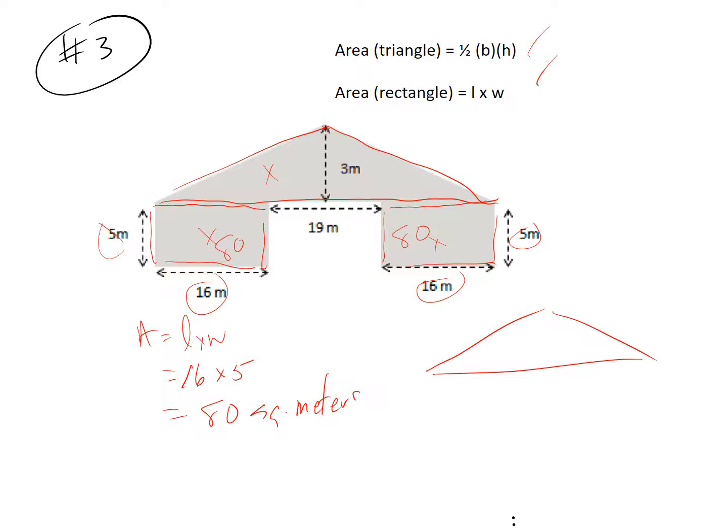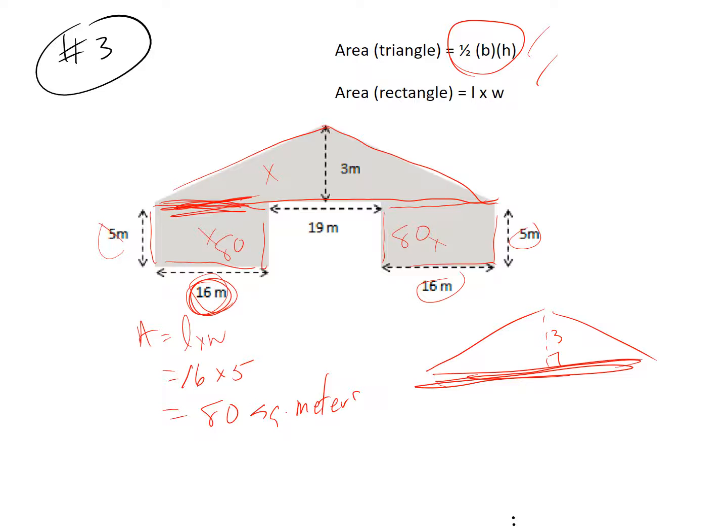Again, the area of a triangle is 1/2 the base times the height. The base runs across the bottom here. The height runs from the opposite vertex straight down. In this case, we know the height is 3, but it's not exactly clear what the base is. But if we look at the diagram, we can see that this part of the base of the triangle is the same as this one.